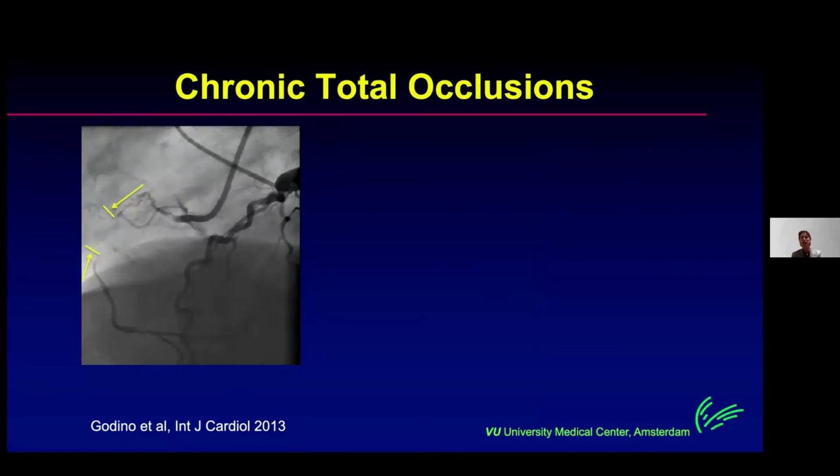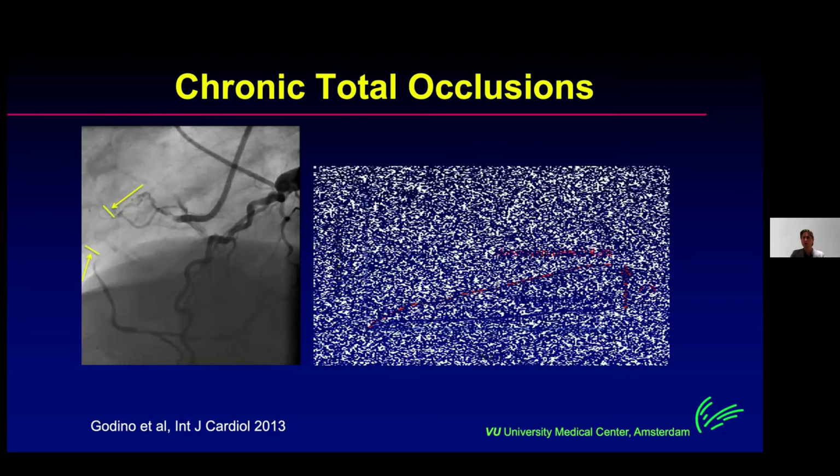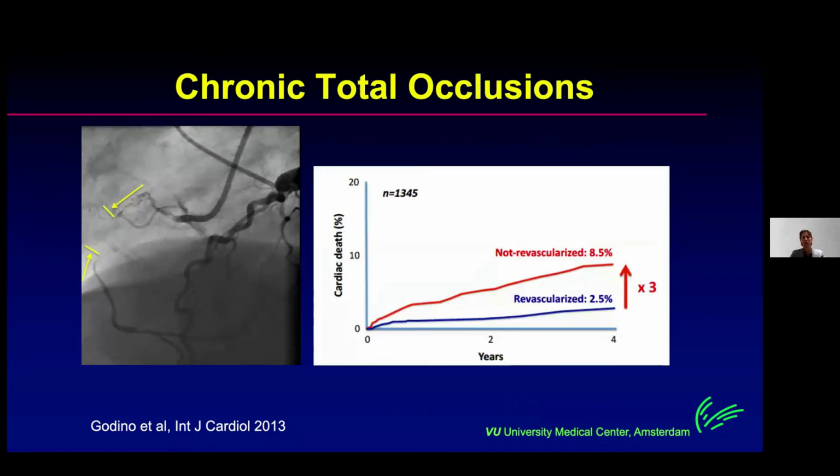So finally, I'd like to conclude with a little bit of my hobby. I'm an expert in chronic total occlusions. We know that chronic total occlusions happen in about 1 in 5 patients with obstructive coronary disease, and they tend to have a worse prognosis.